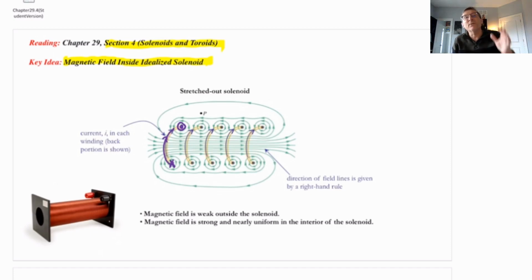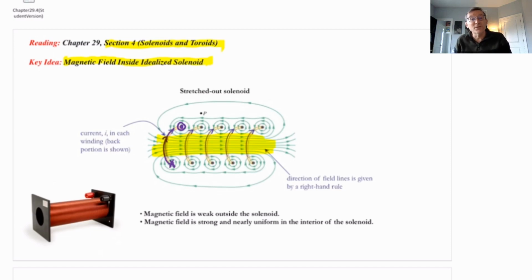Remember, where the magnetic field lines are more tightly spaced, the field is stronger. And the arrows on the magnetic field lines give you the direction of the magnetic field. So the main thing to note, even with just these five turns, which is far from being a real solenoid, is that the magnetic field lines are pretty tightly spaced in the region that you would call the inside of the solenoid.